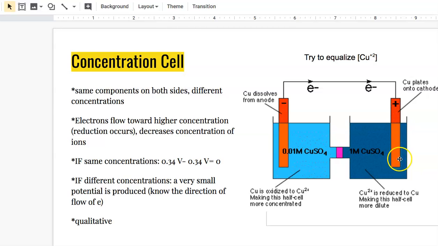So the ions will flow to generate equilibrium until the concentrations are the same. So we'll have electrons leave this copper and come over here to remove copper ions and drop the concentration on this side, and add copper ions and increase the concentration on this side until they're the same on both.